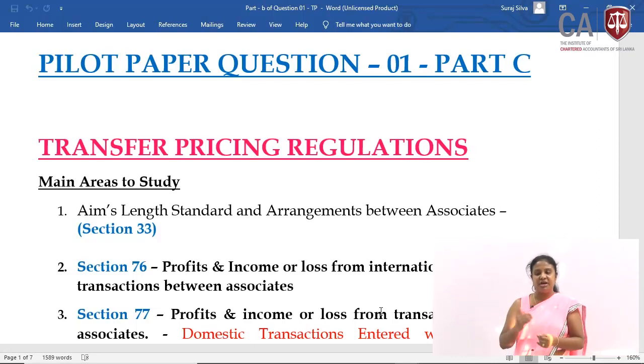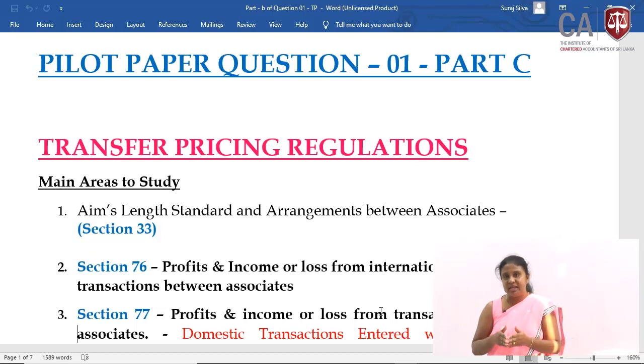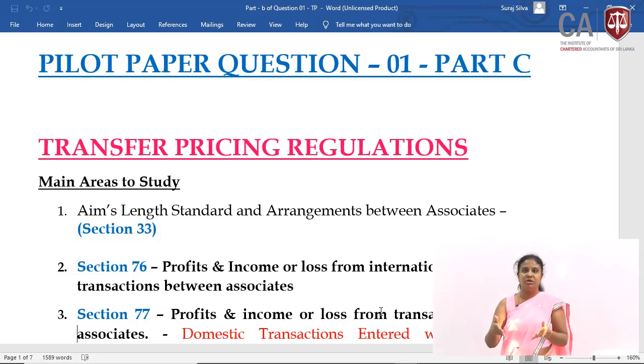Before going to the question itself, we will see as students what the main areas are that you should know before answering this particular type of question.